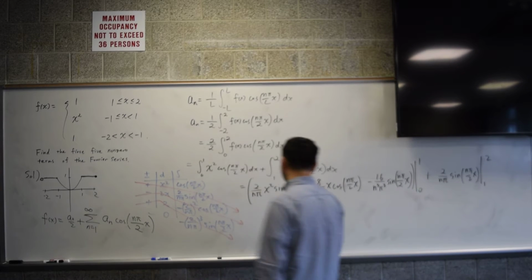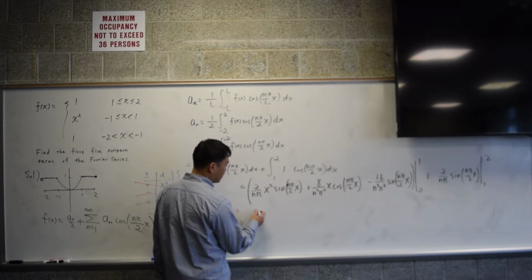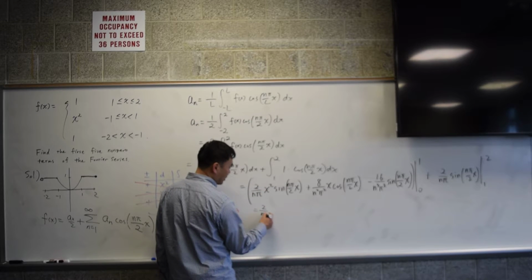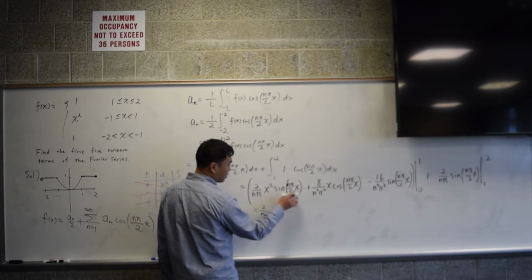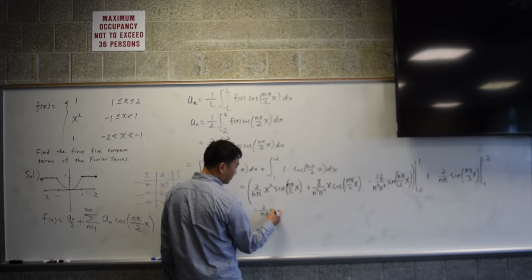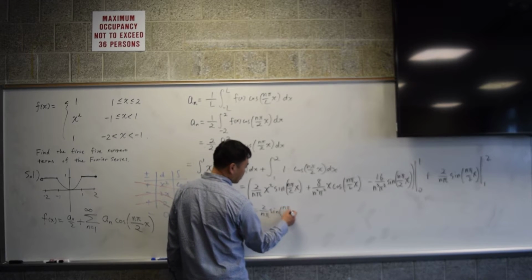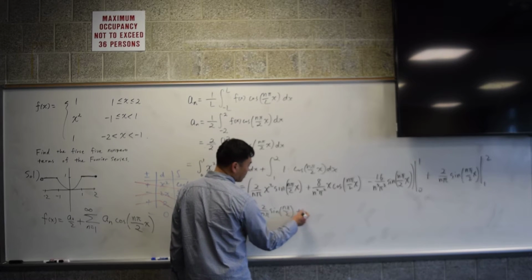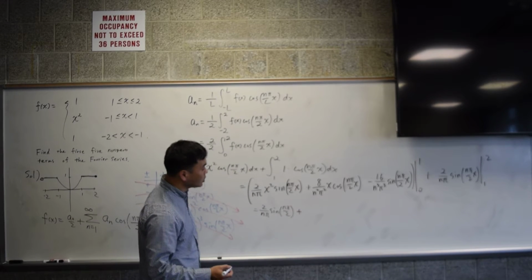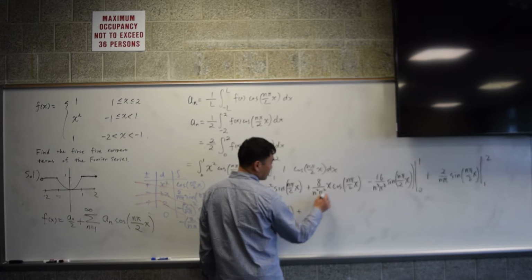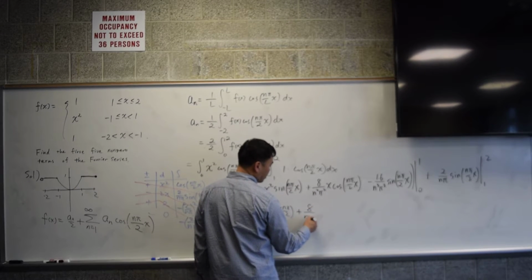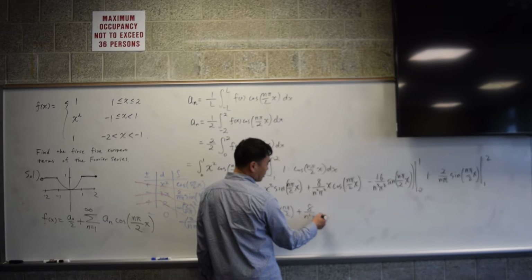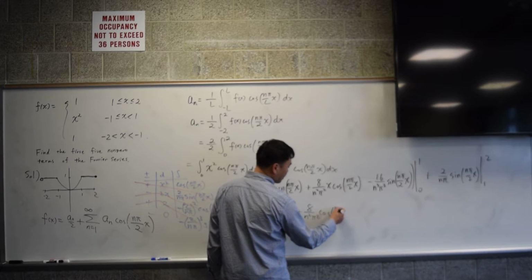All right. Then you plug in 1. Let's see what you get if you plug in 1. If I plug in 1, it's 2 over n pi. 1 squared is 1. And you get sine of n pi over 2. Plus, when you plug in 1, that's 8 over n squared pi squared and cosine of n pi over 2.